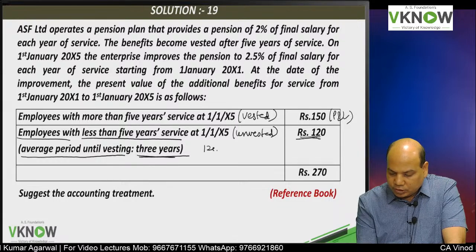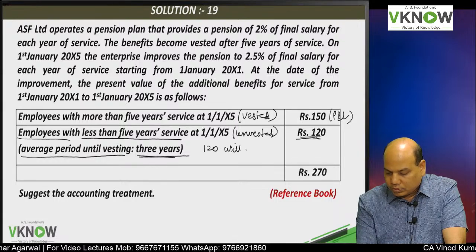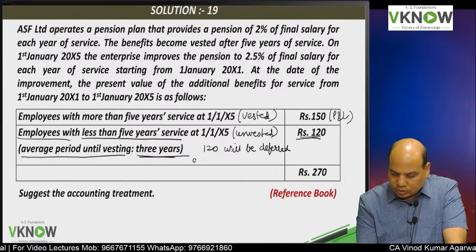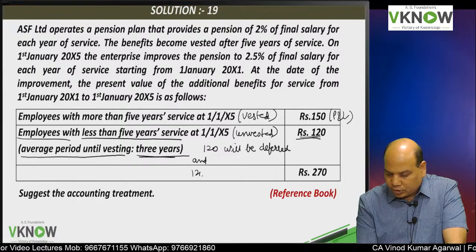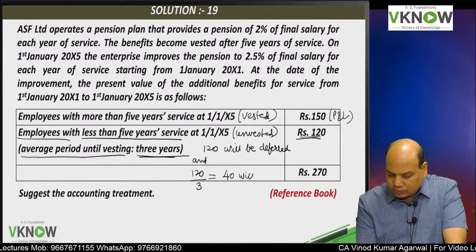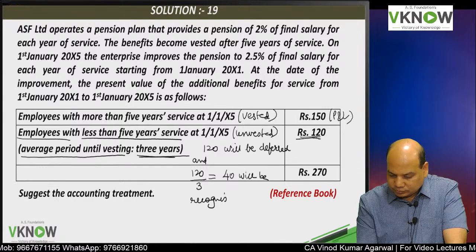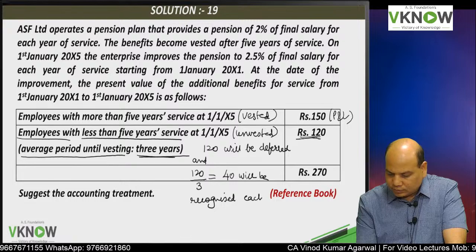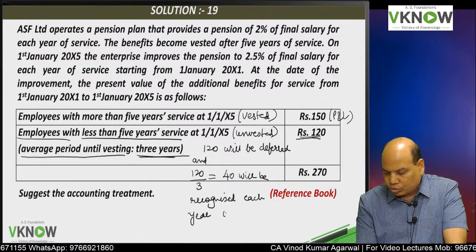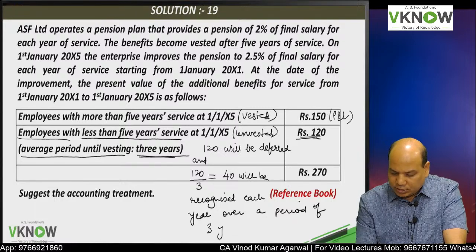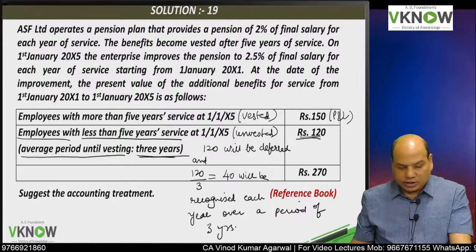So here 120 will be deferred, and 120 divided by 3, 40 will be recognized each year over a period of 3 years. This is the answer. Answer is printed in the book, so I am not dictating.